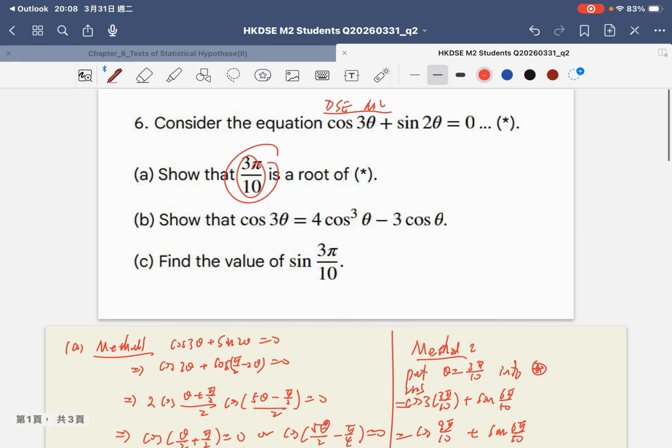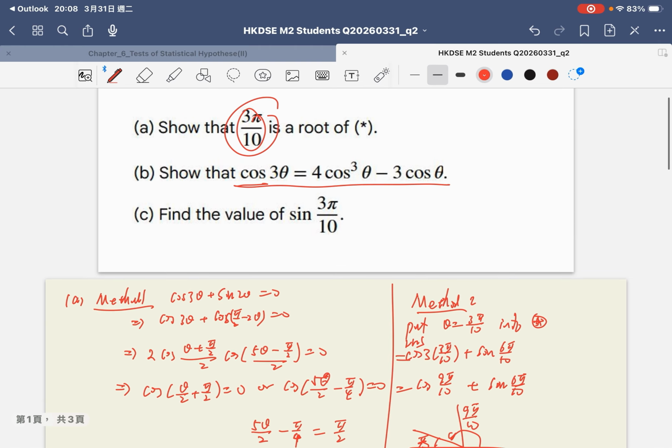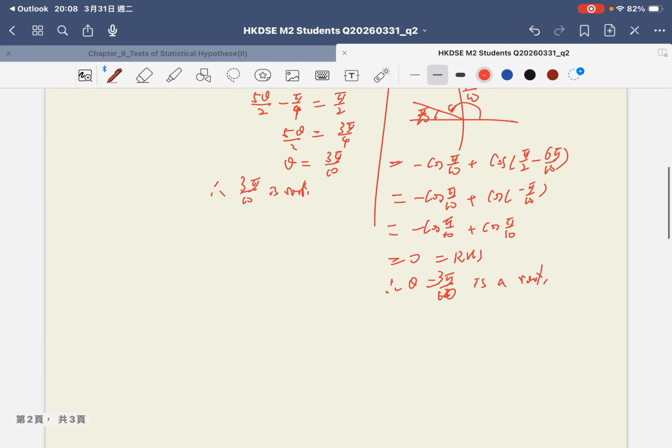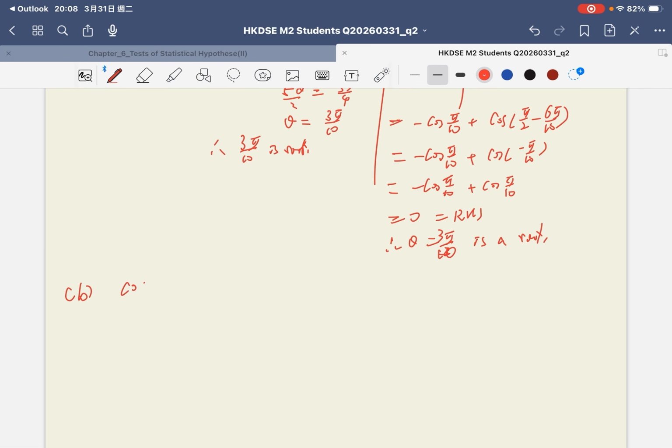For the second part, I think it is a standard question. Cosine 3θ can be rewritten as cosine of θ plus 2θ, which is cosine θ cosine 2θ minus sine θ sine 2θ. Cosine 2θ has three forms.